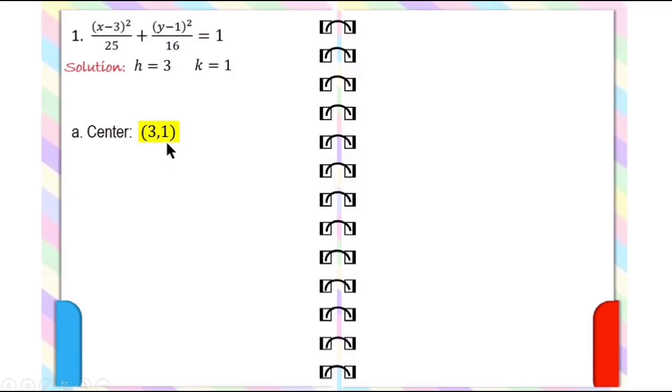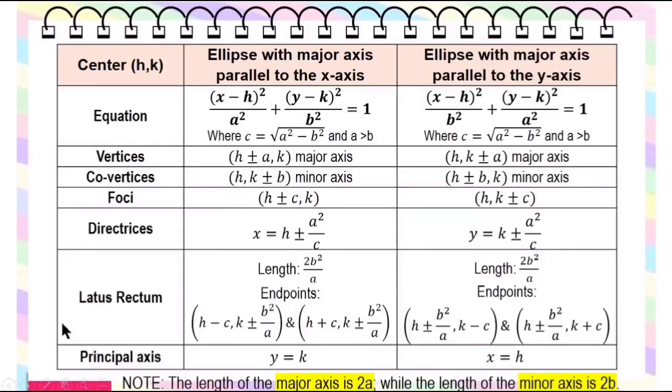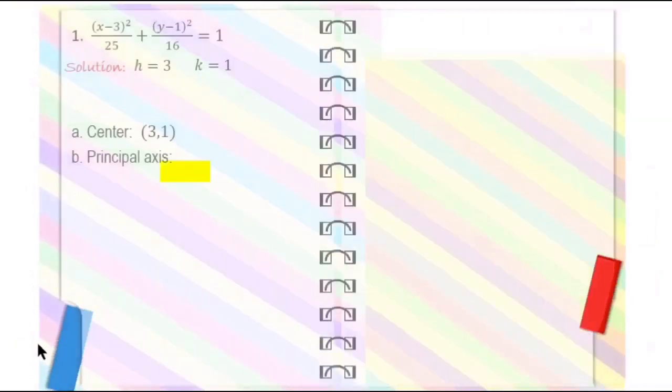For the principal axis, since the denominator of the x squared term is greater than the denominator of the y squared term, the major axis is parallel to the x-axis. If the major axis is parallel to the x-axis, the principal axis is y equals k.